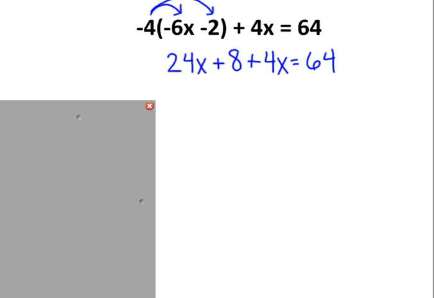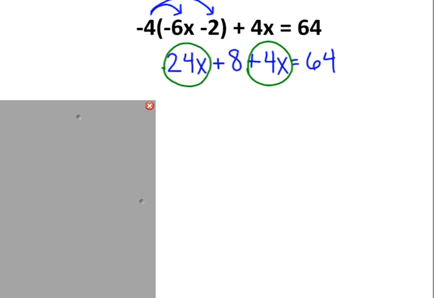Next, I'm going to combine like terms. Like terms are terms whose variables and exponents are the same. In the problem above, 24x and a positive 4x are like terms because they have the same variable, x, and an exponent of 1. Remember, when there is no exponent next to the variable, we assume that it is an exponent of 1.